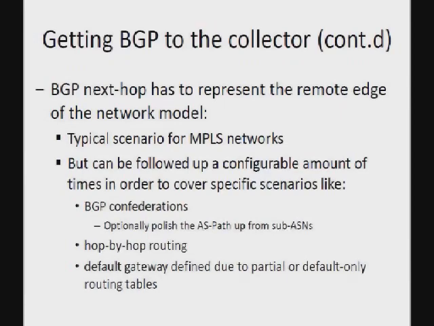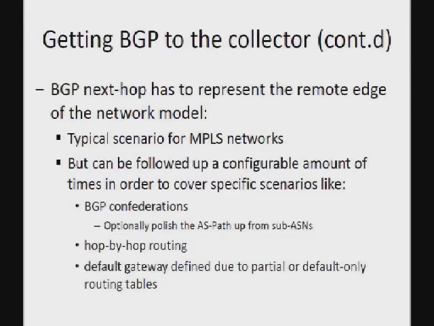But of course, there might be some corner cases that might require some smarter thinking, which are hop by hop routing, BGP confederations, or maybe a large number of routers with default gateway or partial routes.